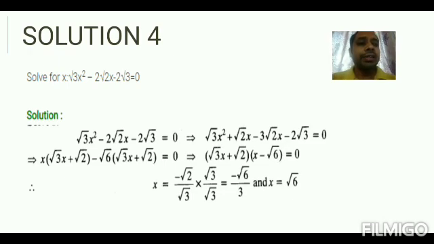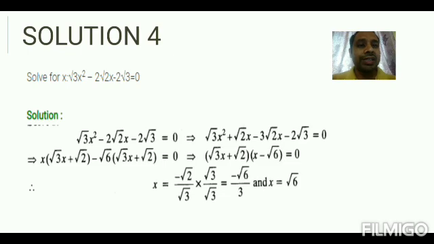Therefore, we can write this expression, √3x² minus 2√2x minus 2√3 equals 0, as √3x² plus √2x minus 3√2x minus 2√2 equals 0. If you observe the first and second term, there is x as common.